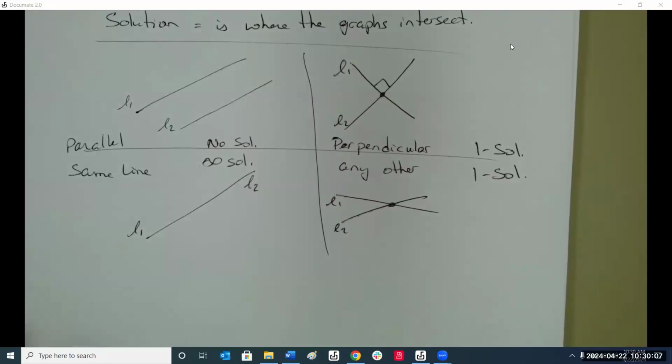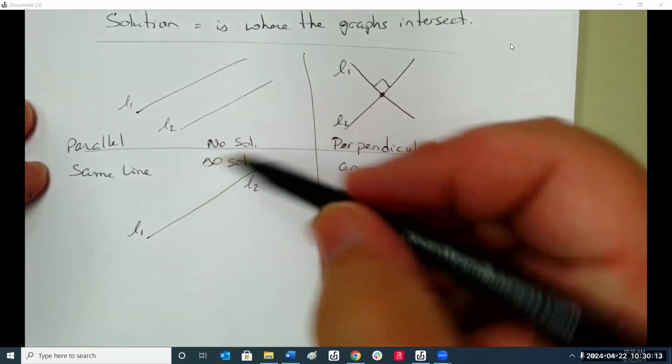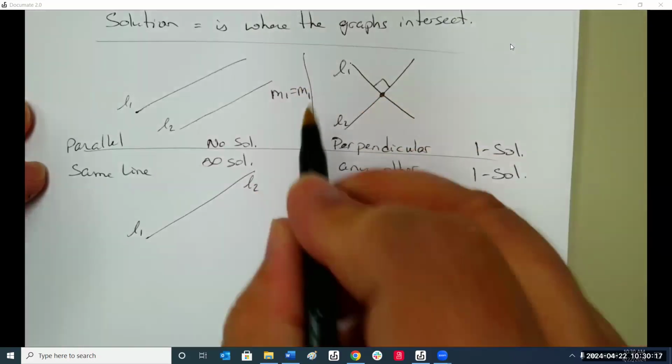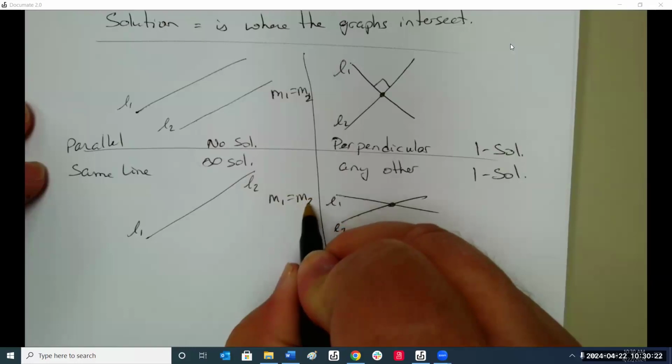And we talk about, well, how can we see this happening by looking at the equations? On this side here, these two equations here, the slopes of the two lines have to be the same.